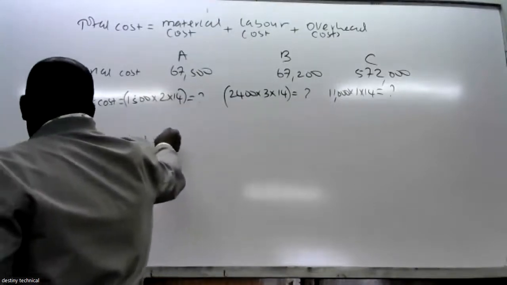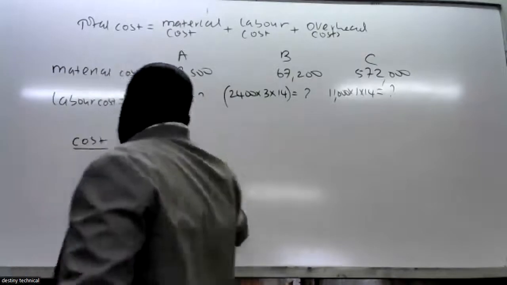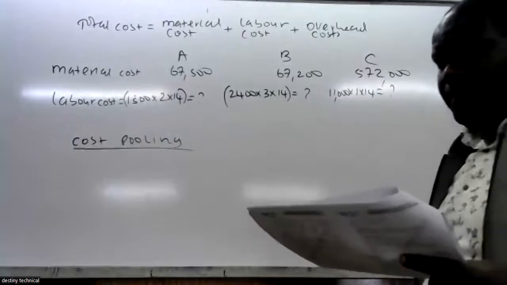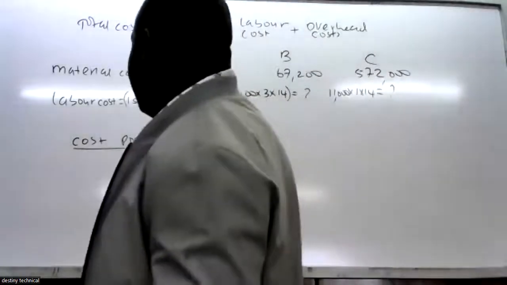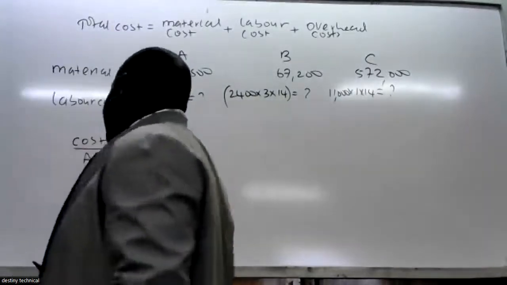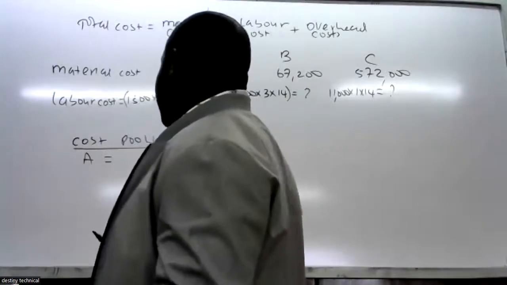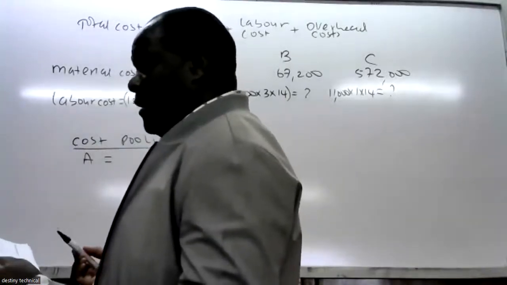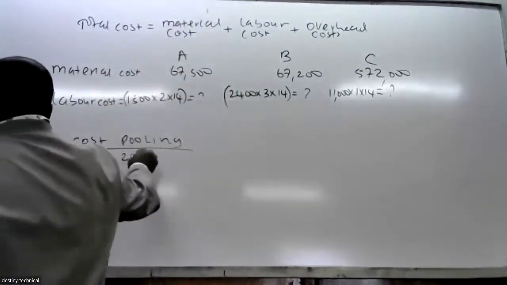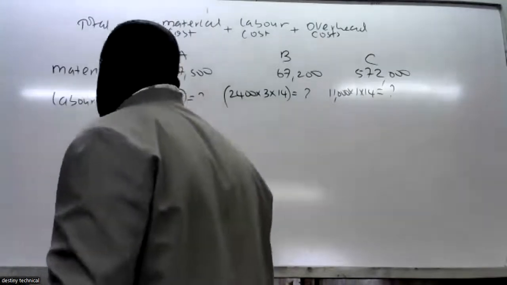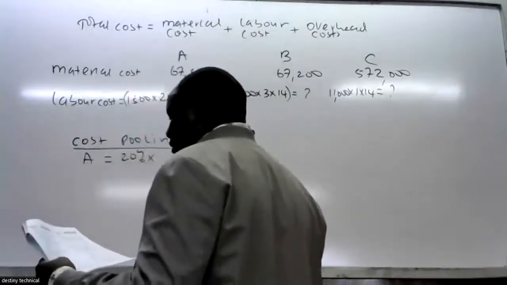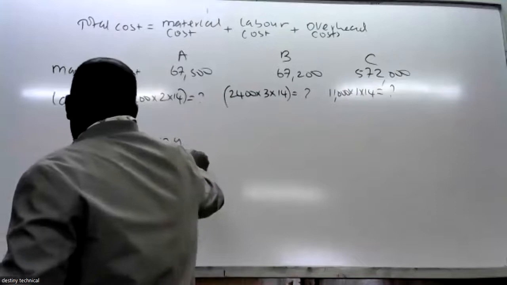When it comes to the cost pooling, we start off with product A. The cost pooling for the overheads for A was given in note number 4. It is 20% of 720,000.